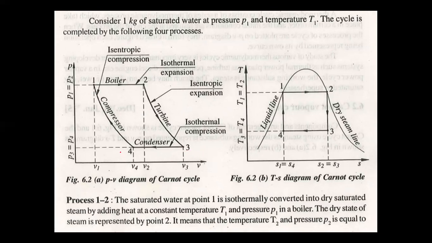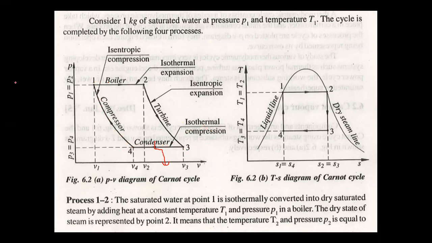At point 3 to 4, it is an isothermal compression process where the steam is compressed, or say with the help of the condenser, we are rejecting the heat. And at point 4 to 1, it is a compressor process where we increase the pressure to supply into the boiler.